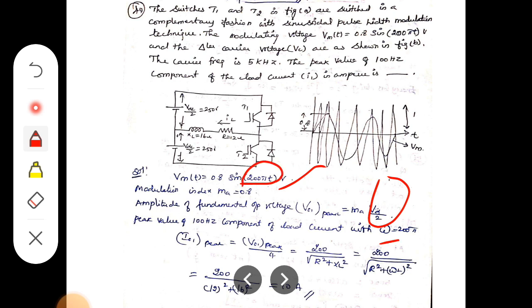So I peak will be calculated as V peak divided by Z. V peak is 200, and Z is the square root of R square plus XL square, where XL is omega L. It will be replaced as 200 divided by the square root of 12 square plus 16 square. So overall current is 10 amps. So this is the final answer for the given problem. This R and L value is taken from the given load circuit.